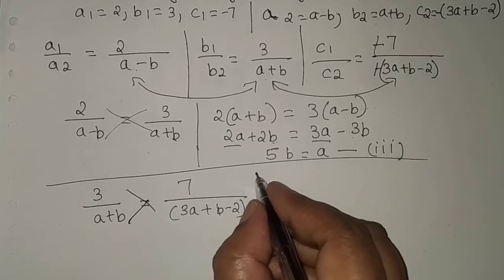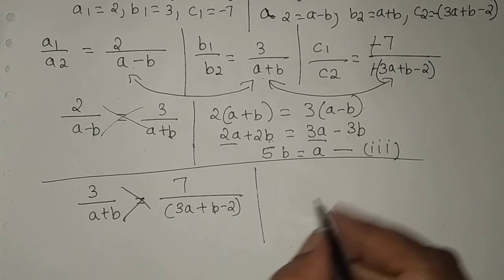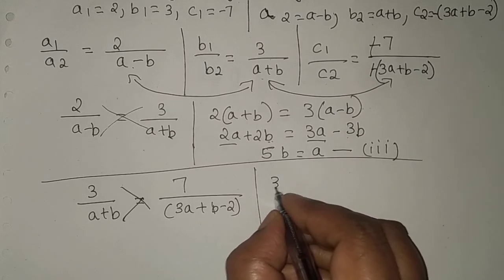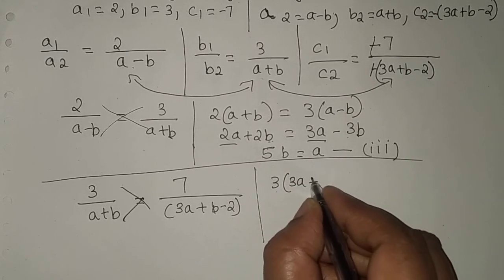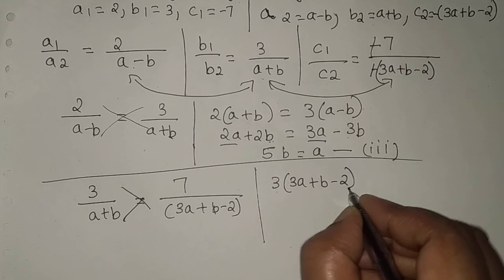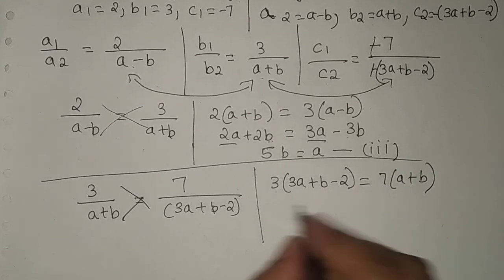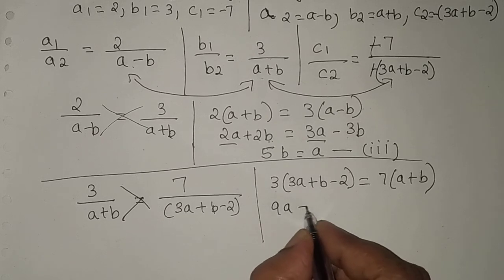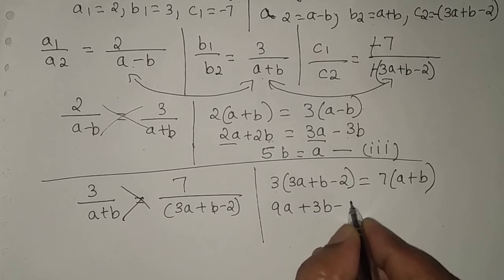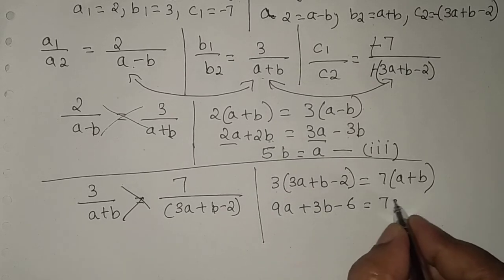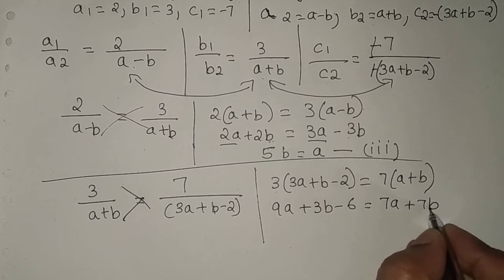Now cross multiply these two. What we get is 3 into (3a plus b minus 2) equal to 7 into (a plus b). Now simplify this. This will become 9a plus 3b minus 6 is equal to 7a plus 7b.